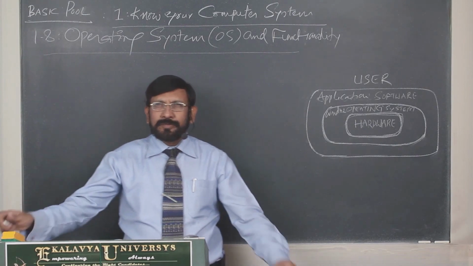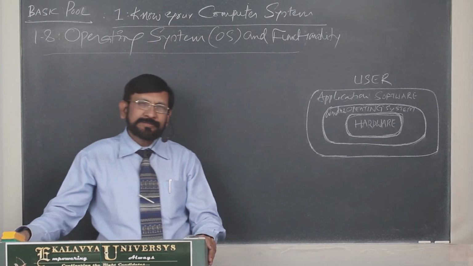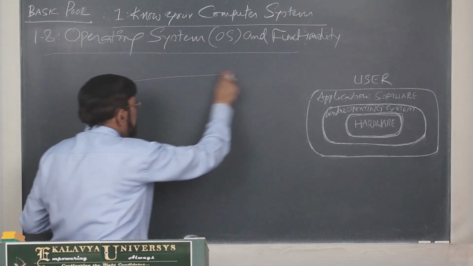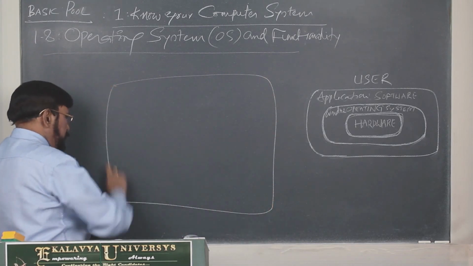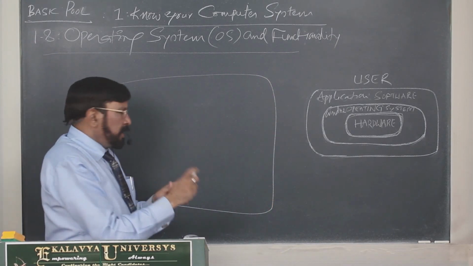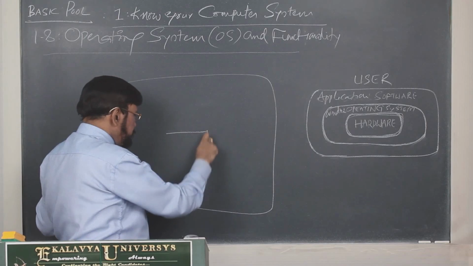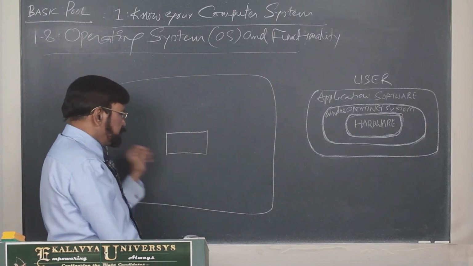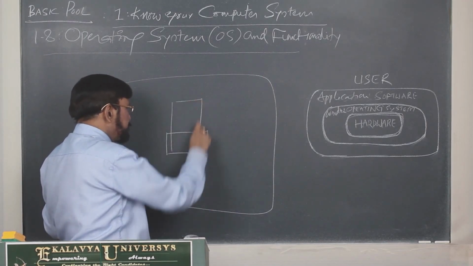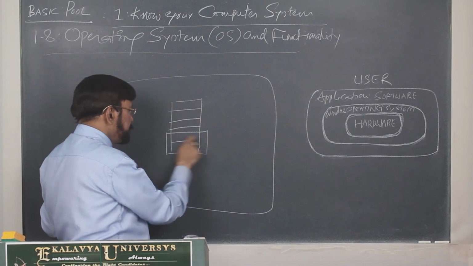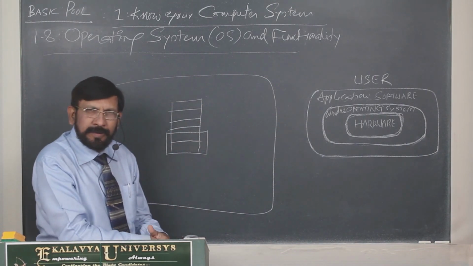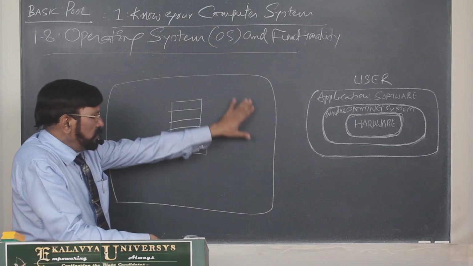As I told you in the previous concepts, there is a layout, there is a mere plot, and you purchased a small plot here and constructed your multi-storied building here, and no infrastructure is there.